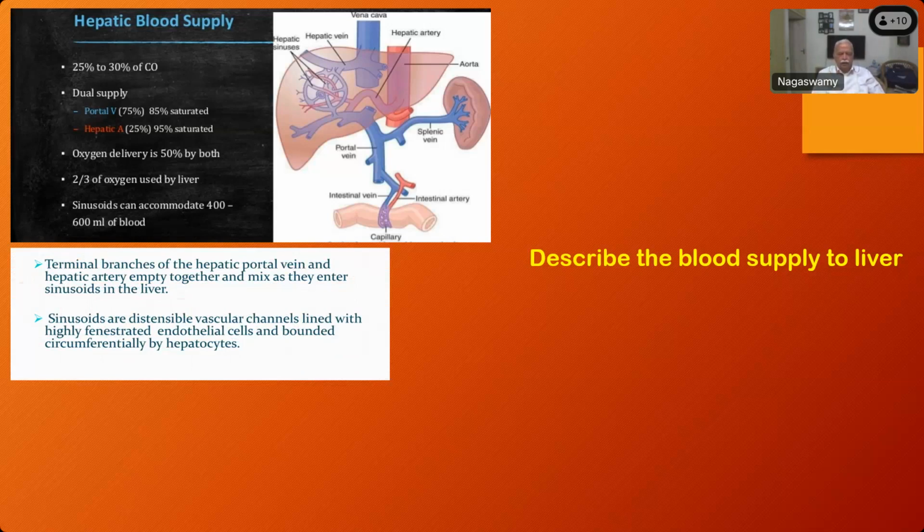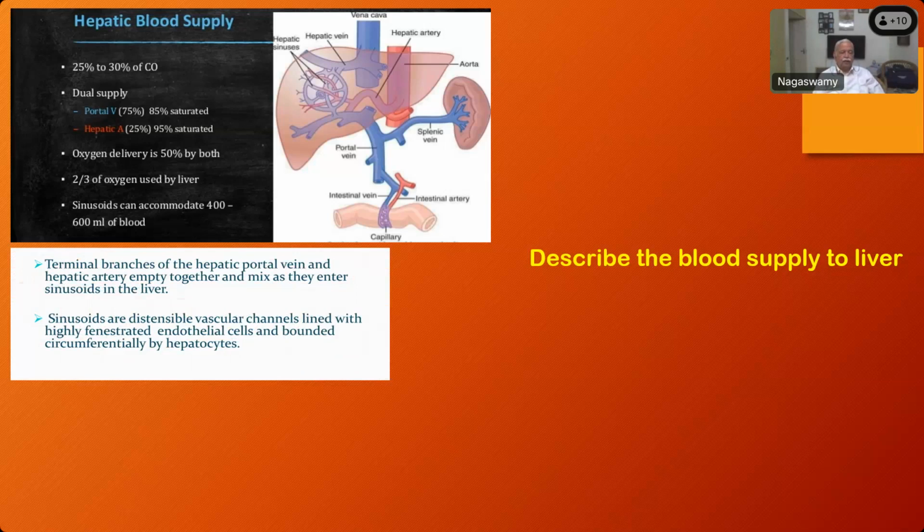As I told you earlier, oxygen and digested material from the intestine that has to go to the hepatocytes for its metabolism, isn't it? So to transfer those elements, it has a high fenestration so that whether it is a small molecular weight substance or a large molecular weight substance, it can easily traverse and go to the hepatocytes. Okay, that is the reason.